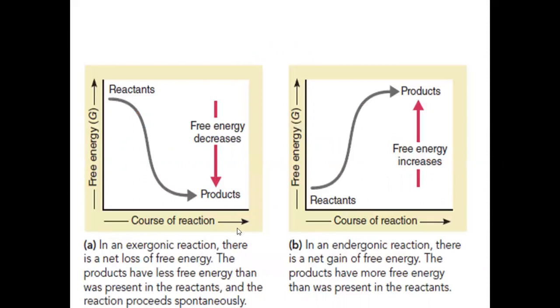So this is still showing the exergonic reaction and the endergonic reaction. Endergonic is gain of free energy, exergonic is loss of free energy. Remember I said that in exergonic, the product will have a much lower energy, while the reactants have a much higher free energy, because in this process energy is given out, so no wonder the product has a lower free energy.